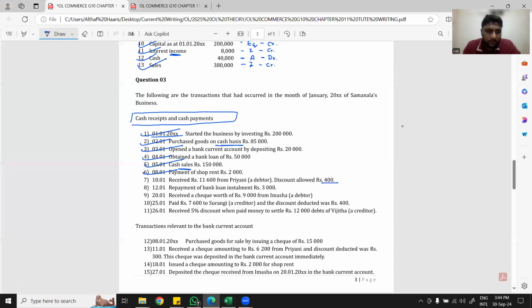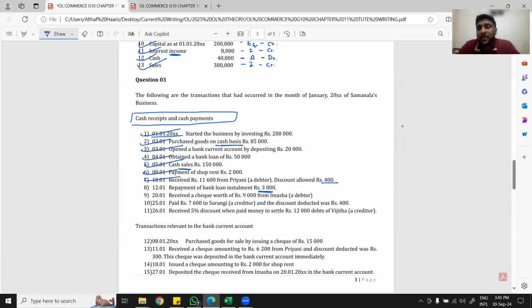Next one. Repayment of bank loan installment 3,000. When you repay the loan, our liability is decreasing. Liability increases credit, decreases debit. So bank loan liability debit, and cash is decreasing, asset decreases credit.